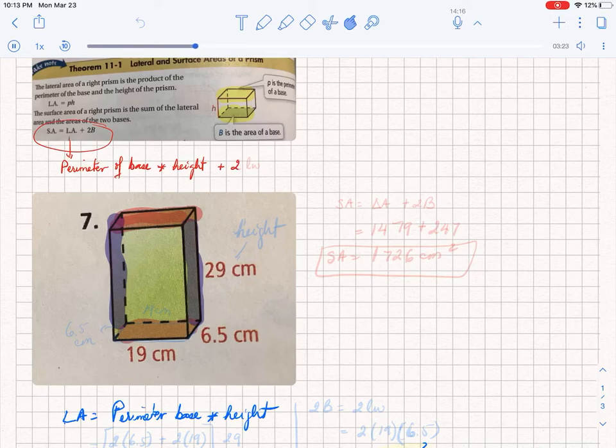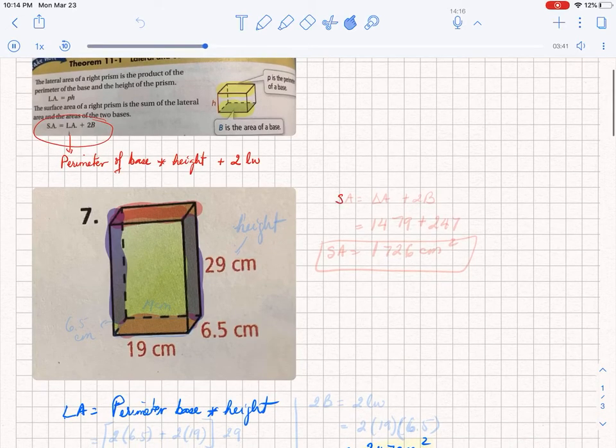In this case, if it happens to be a rectangular prism, you are going to look at the length times the width. Let me take this example. The surface area is the lateral plus the two bases.